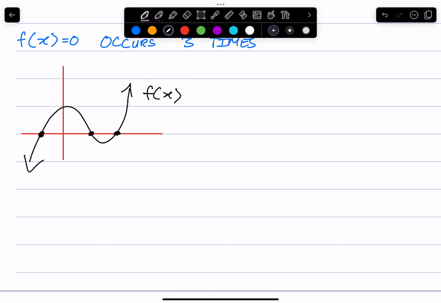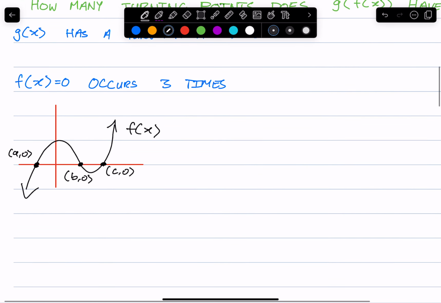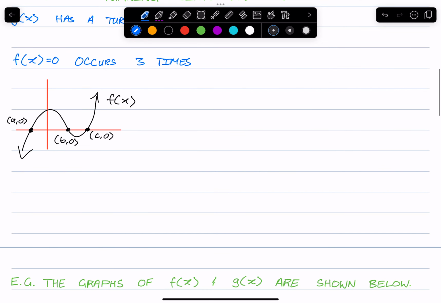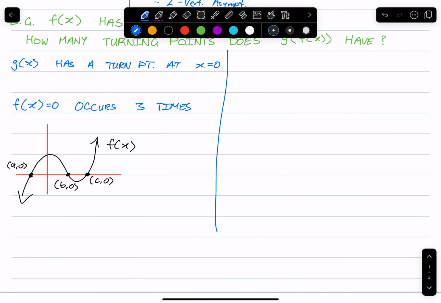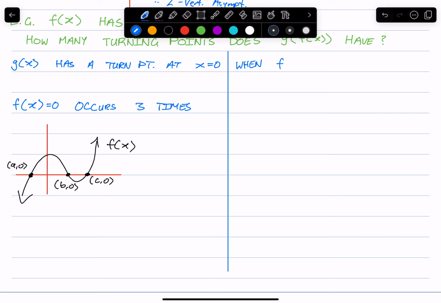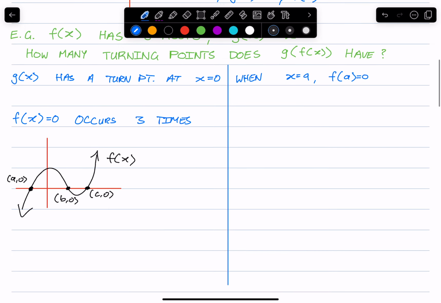And let's just say that these roots are a, 0, b, 0, and c, 0. So now from this we can see that when x equals a, f of a equals 0.